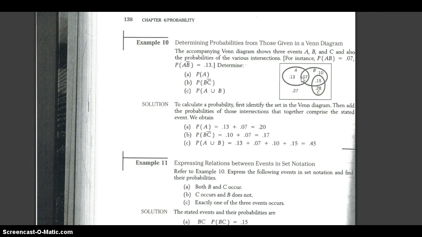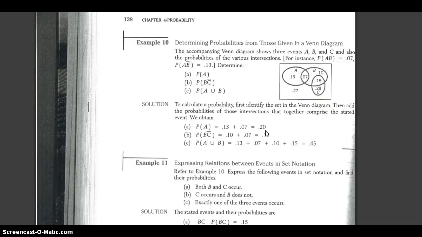In our example, the probability of either rain or snow would be the probability of rain plus the probability of snow. So that's going to be 0.13 plus 0.07 equals 0.20. So the chance of rain or snow is 20%.